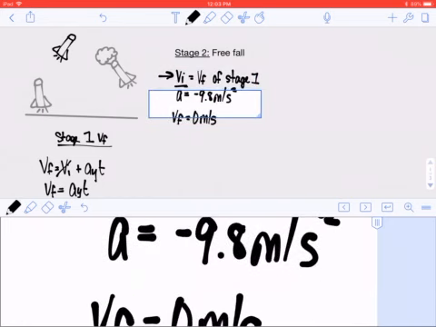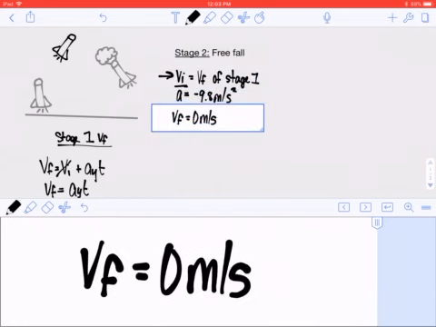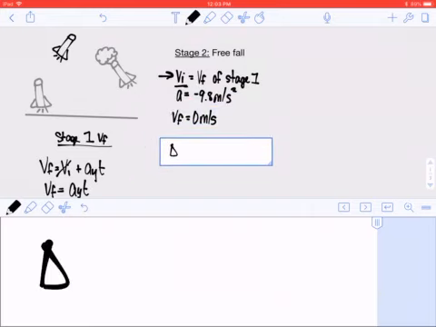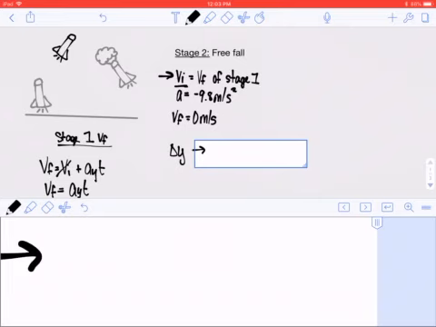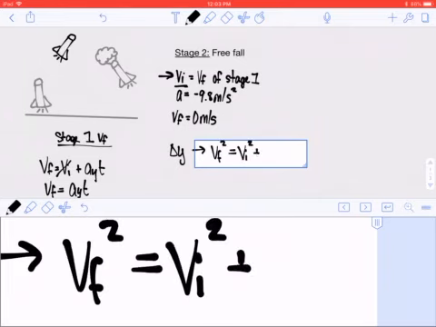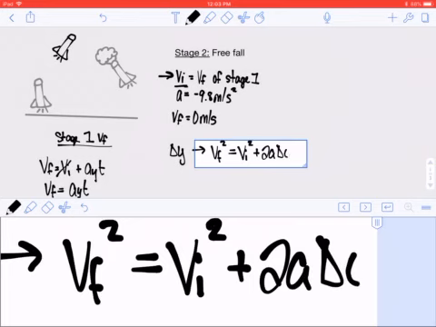And again, acceleration is negative 9.8. My final velocity is 0 because at the highest point, it's not moving. So to figure out how high it reaches in this stage, we're still looking for delta y, but we're going to use the forgotten equation: v_f squared equals v_i squared plus 2a delta y.